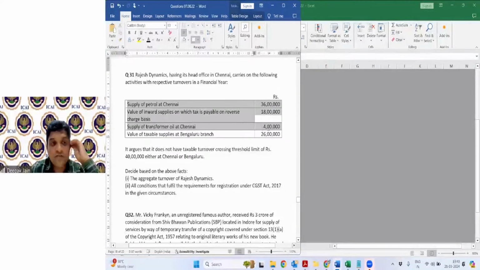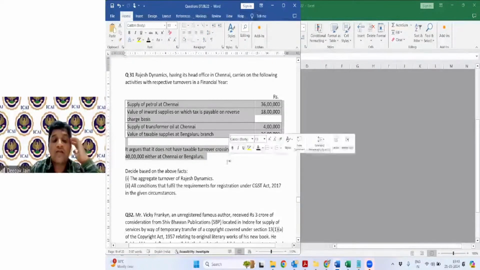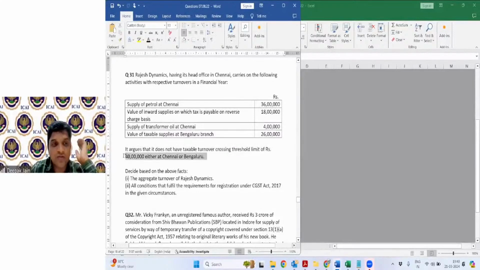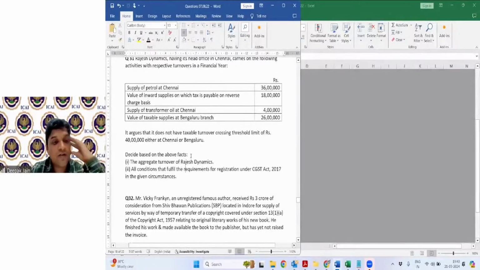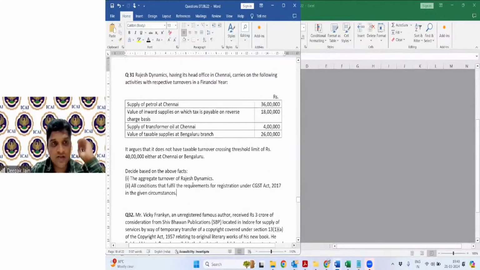Supply of transformer oil at Chennai, 4 lakh. Value of taxable supply at Bangalore branch, 26 lakh. It argues that it did not have a taxable turnover crossing the threshold limit of 40 lakhs, either at Chennai or Bangalore. So it will not take the registration. Describe, based on the above facts, the aggregate turnover of Rajesh Dynamics and all conditions that fulfill the requirements of registration under the CGST Act in the given circumstances.